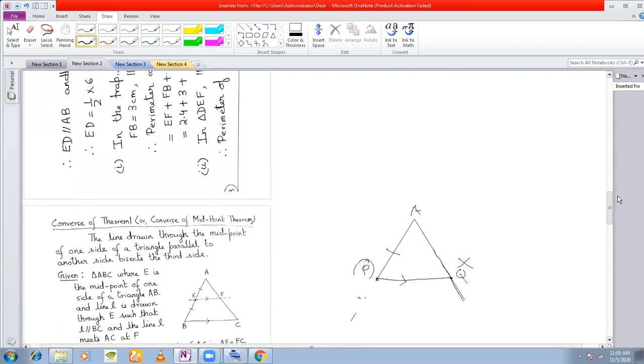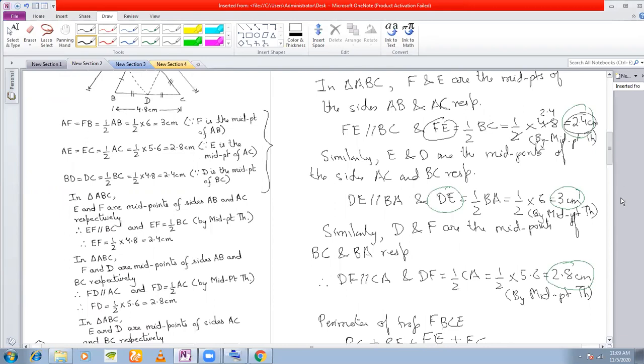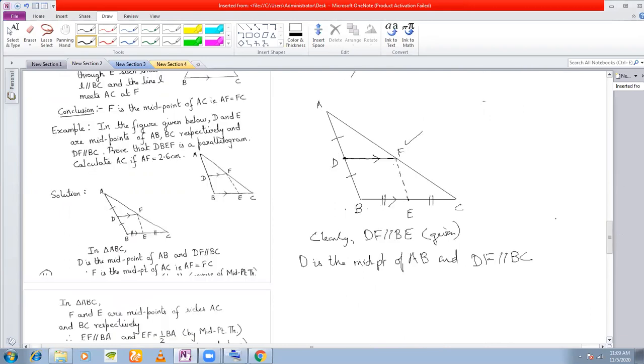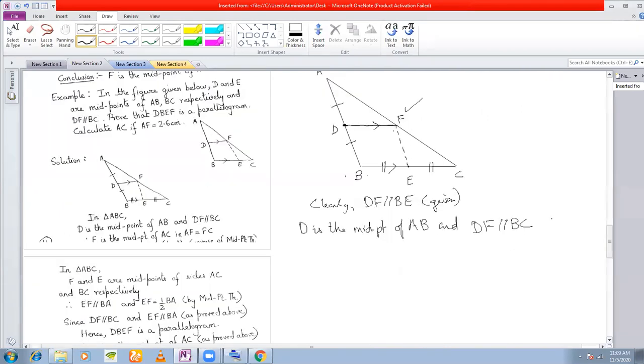What were the two conditions for the converse of midpoint theorem? That one midpoint has to be given and the line has to be given parallel. D has been given to be the midpoint of AB. This is the first condition that is satisfied. And also the line through D is parallel to the third side, BC. That means both the conditions are satisfied.